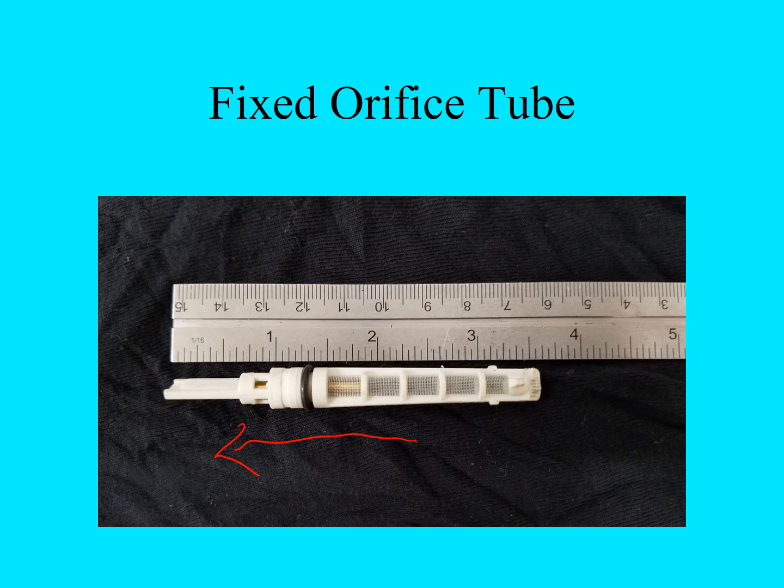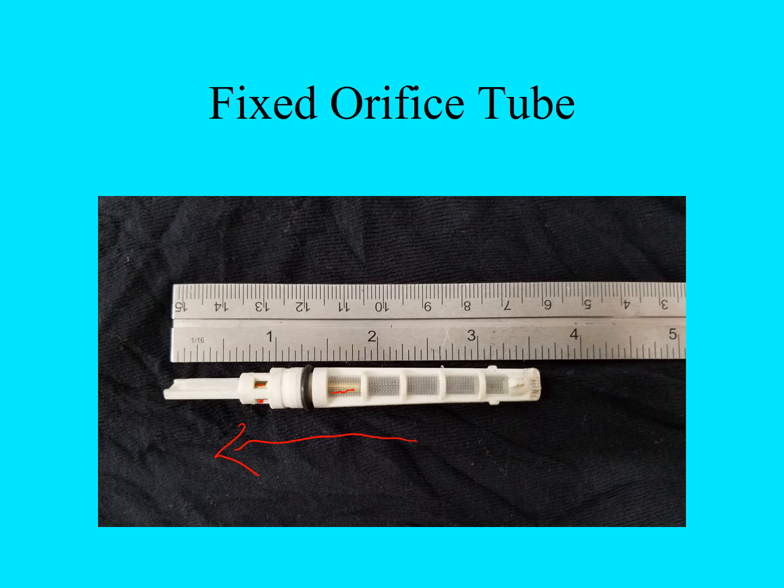This one only has one O-ring on it, so it just depends on the manufacturer how many O-rings they're going to use. And here you can see the little orifice that's there, where the liquid would come out on this side.